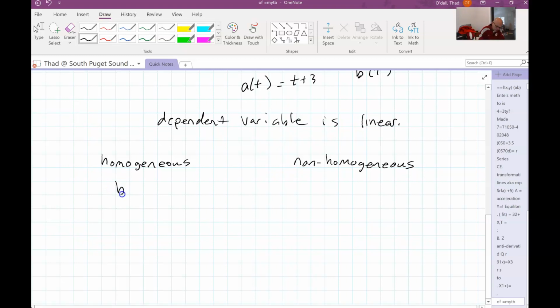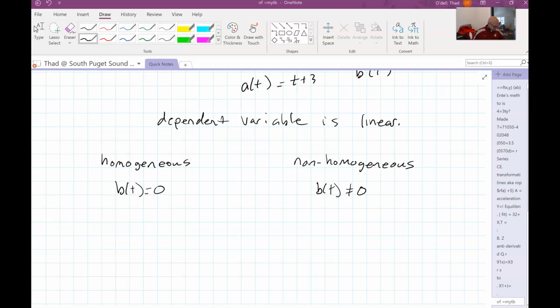In homogeneous, b of t is equal to 0, and in non-homogeneous, b of t is not equal to 0. The homogeneous ones are a little bit simpler because they're guaranteed to be separable. If they're non-homogeneous, then some are separable and some are not. So if they're homogeneous, then we can solve them using the method we learned earlier of separation of variables.